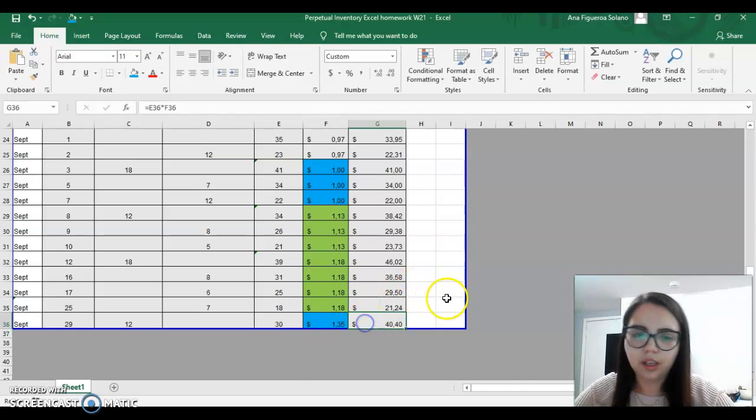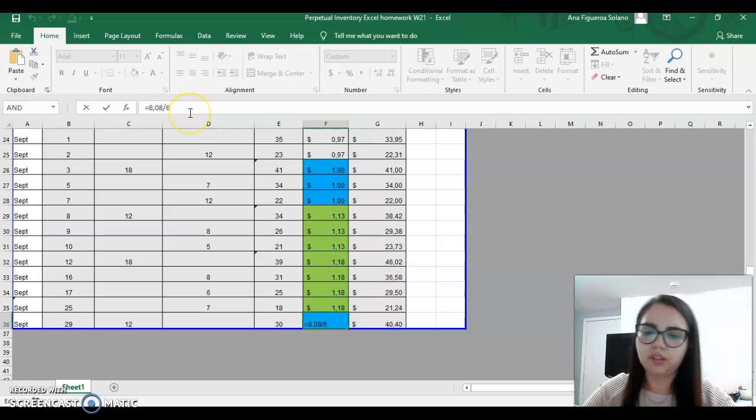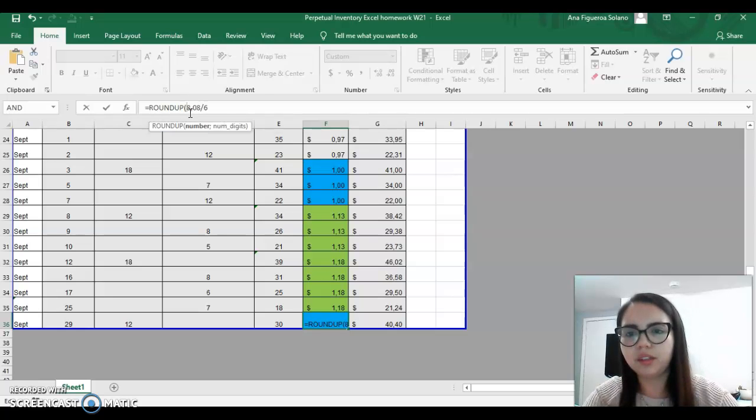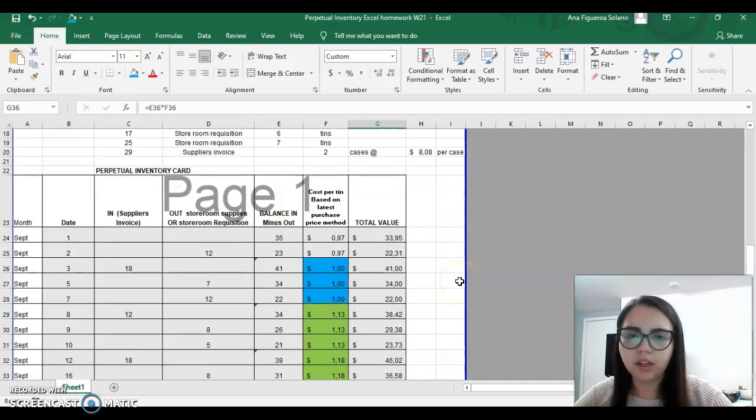Enter. If we multiply in our calculator, the total value is going to be different. Then we have to use the round up function. So equal round up, open bracket, the same division, semicolon, 2 decimal places, close bracket, and enter. That's how we're going to get our total value.